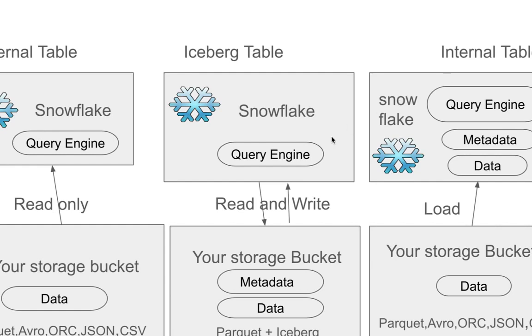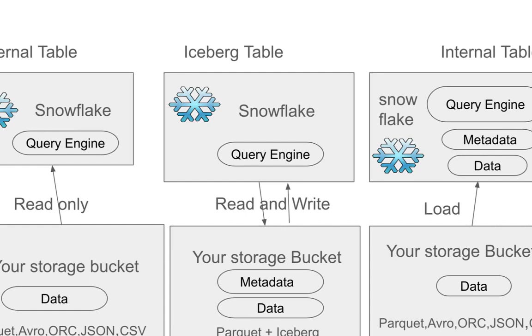Iceberg tables are also created in the storage, like in the data lake. Iceberg tables will be created on top of the data that is sitting out there in terms of Parquet files. The metadata is also within the data lake or in the storage area. However, Snowflake can create a managed table on top of Iceberg, and it can do the read and write.